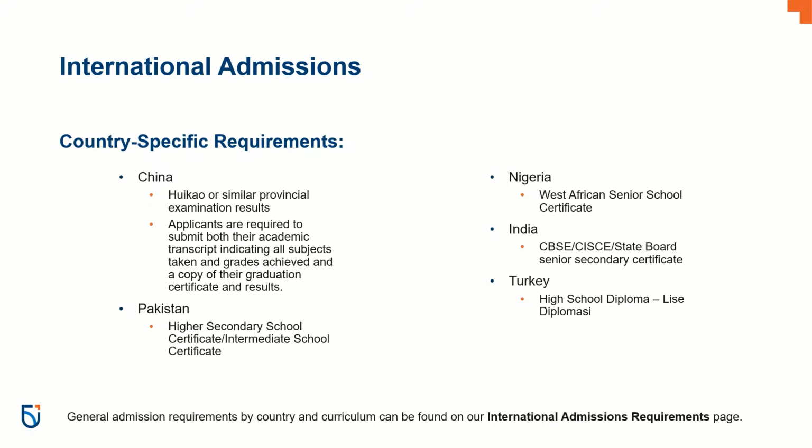And for applicants from Turkey, we will be looking for your high school diploma. It would be impossible to go through the admission requirements for each country in this short video, so if I didn't mention your country, you can find a list of the admission requirements on our International Admissions Requirement page.